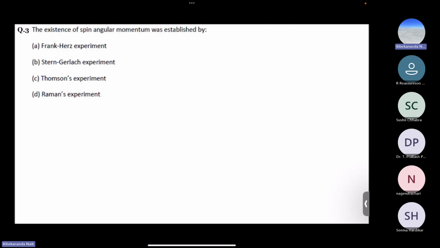discuss the third question. The question says, the existence of spin angular momentum was established by the Frank-Hertz experiment, Stern-Gerlach experiment, Thomson's experiment, or Raman's experiment. So can anyone tell me the spin angular momentum of the electron was established by which experiment?